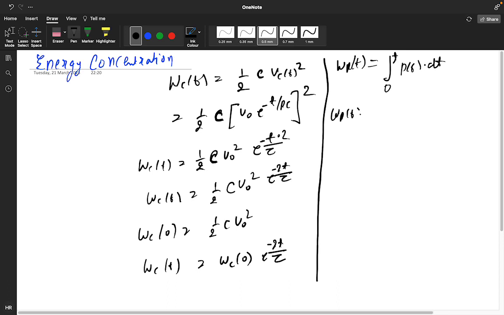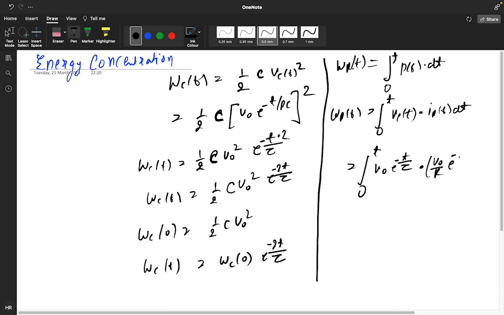So Wr of t, voltage was Vc of t and current was IR of t dt. Vc of t was V naught e power minus t by tau, instead of RC I have written tau. IR of t was V naught by R e power minus t by tau. If you solve this, you will get V naught square by R, integral of e power minus 2t by tau, from 0 to t, dt.